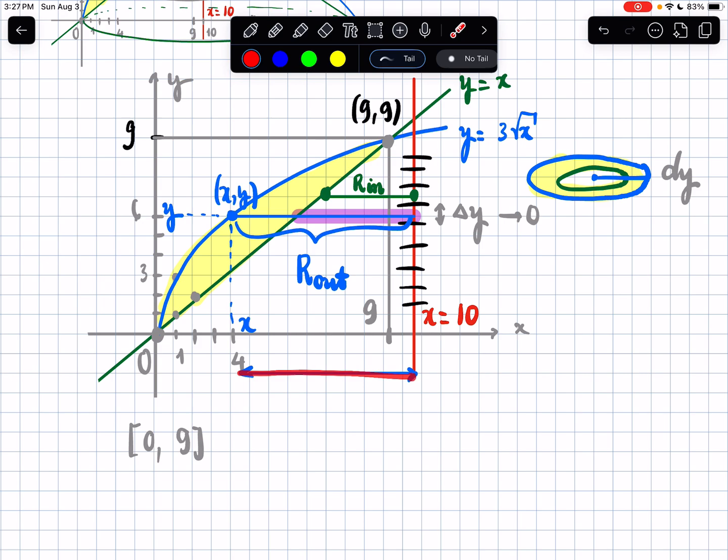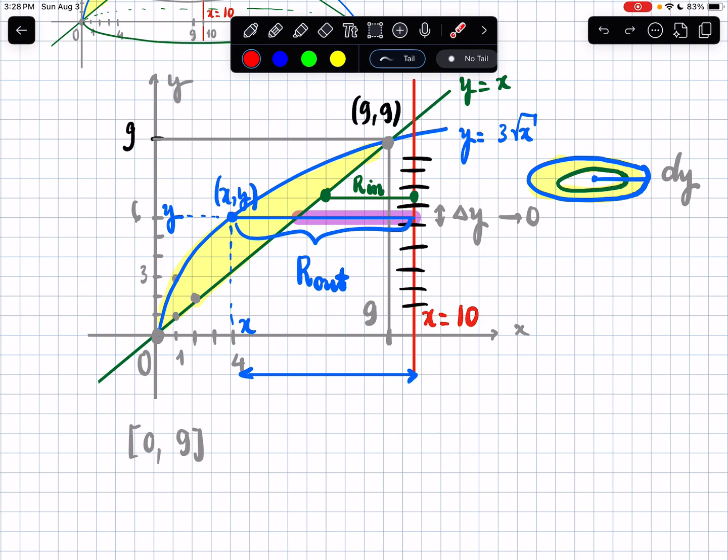The distance from the point x, y to the axis of revolution, x equal to 10, gives us the outer radius. The outer radius is a distance from this point to this point. This point corresponds to x equal to 10. This point corresponds to x. So we have our outer radius is 10 minus x.